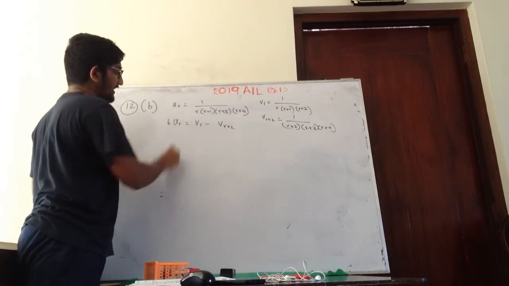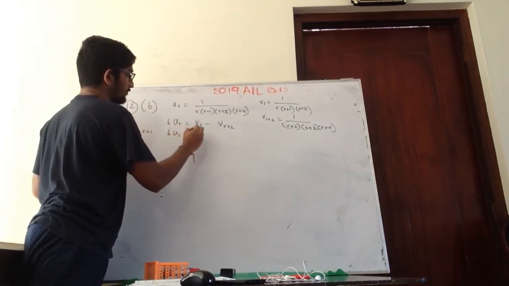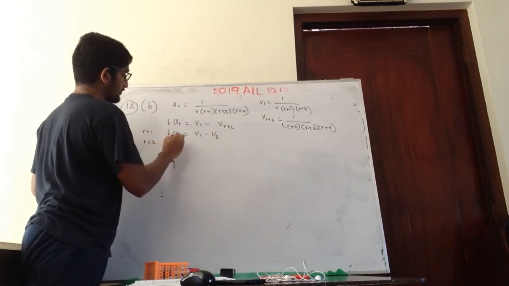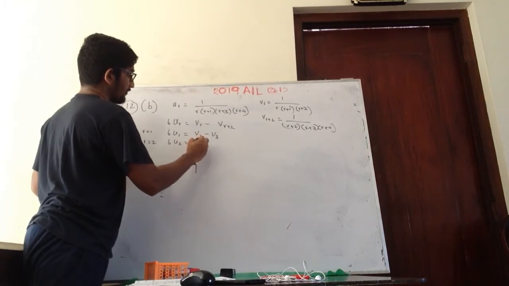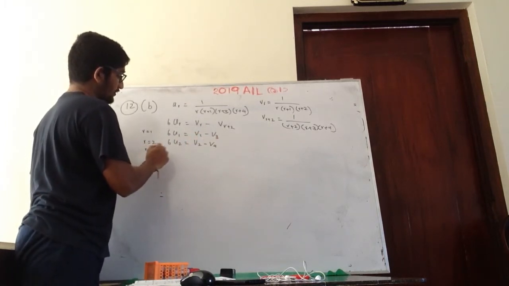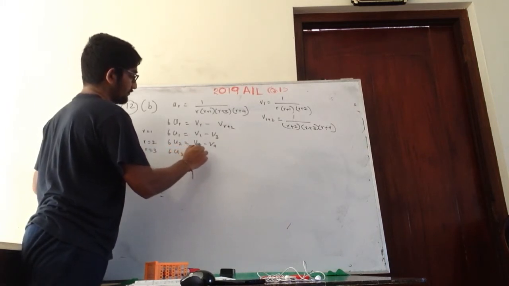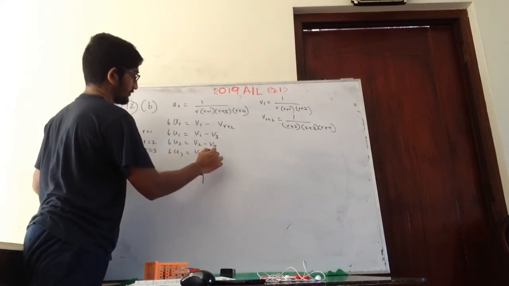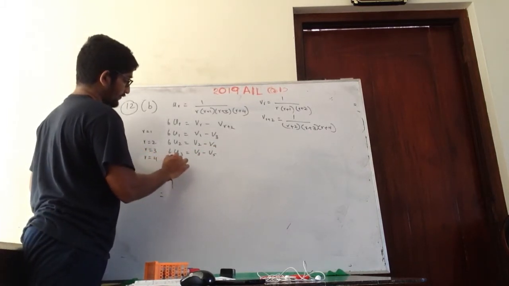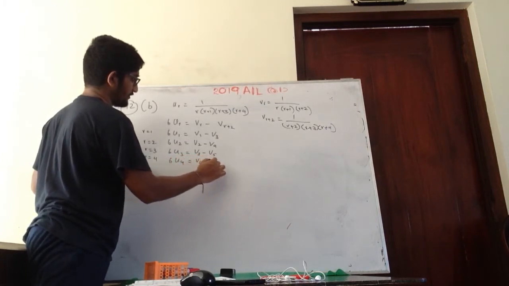I need to get the addition of this, so I am going to take R equals 1: 6U1 is equal to V1 minus V3. R equals 2: 6U2 is equal to V2 minus V4. R equals 3: 6U3 is equal to V3 minus V5. R equals 4: 6U4 equals V4 minus V6.